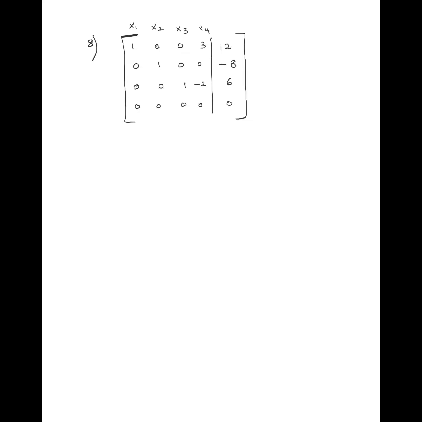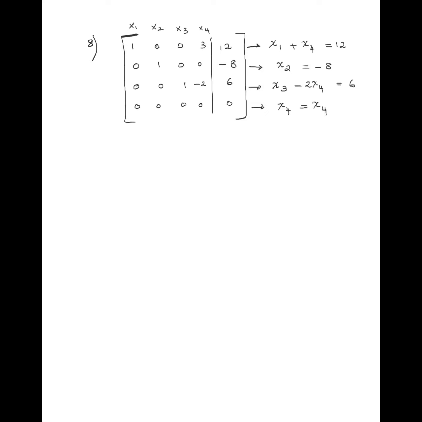From the first equation, we can say x1 plus x4 equals 12. The second equation is x2 equals -8. And then we have x3 minus 2x4 equals 6. And the last one, when you have all 0, we are going to say just x4 equals x4.